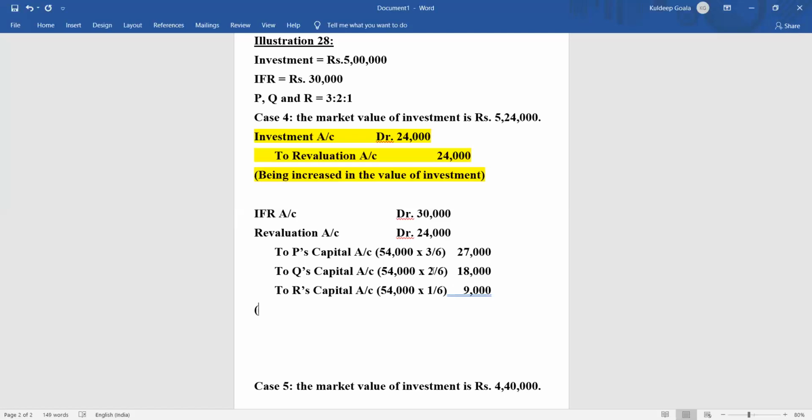Now see what will happen in the narration. Being investment fluctuation reserve and revaluation profit transferred to partners' capital account. Transferred to capital account.